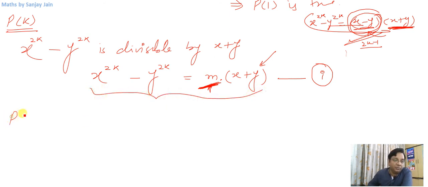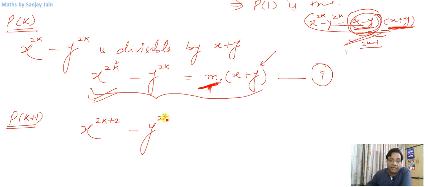Now I need to prove the truth of P of k plus 1. So on the left hand side, what I require is x raised to power 2k plus 2, because if I replace this k with k plus 1, it will be multiplied with this 2, so it will become 2k plus 2. So x raised to power 2k plus 2 minus y raised to power 2k plus 2 should be some multiple of, let us say, lambda into x plus y.